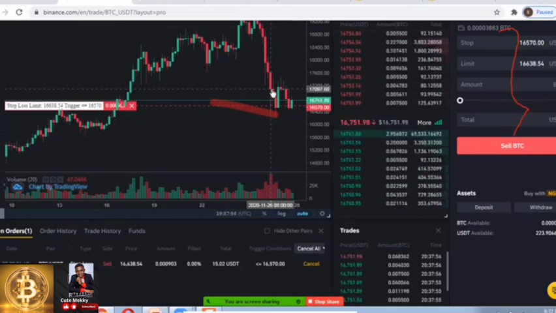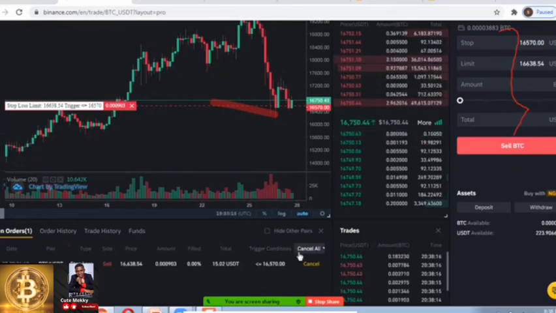By so doing, you will be securing your profits as the market moves up. In case the market reverses, once it hits your stop, it will automatically send it back to USDT and you'll be safe and still collect some profit. That's how you do that.